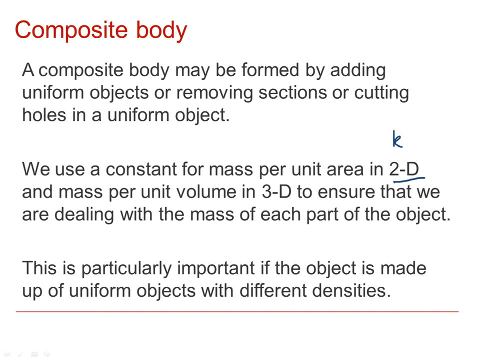And then for a three-dimensional shape, it would be a mass per unit volume. If there are objects of different densities, then those masses may be different. For example, if one object is twice the mass per unit area, then we'd have to use K and 2K.